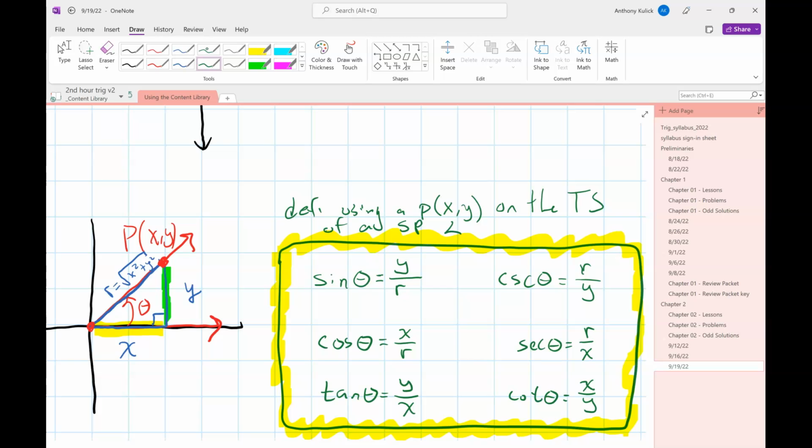I abbreviated TS for terminal side and SP for standard position. Those are just my made up abbreviations. They're not really standard, but I'm going to say what they are because it was going to be a lot of words, so many letters.